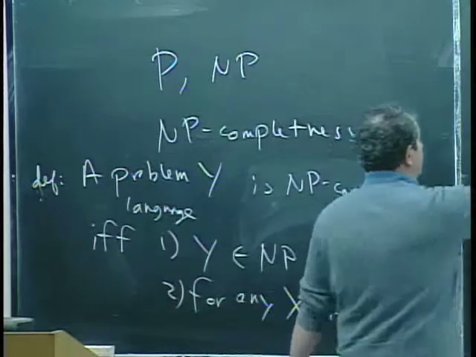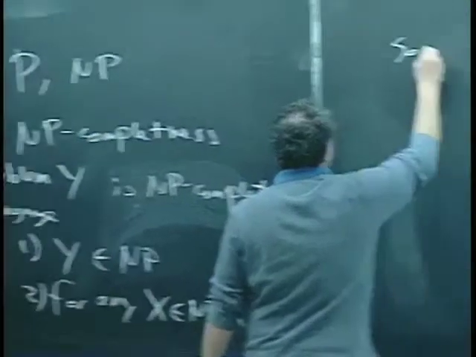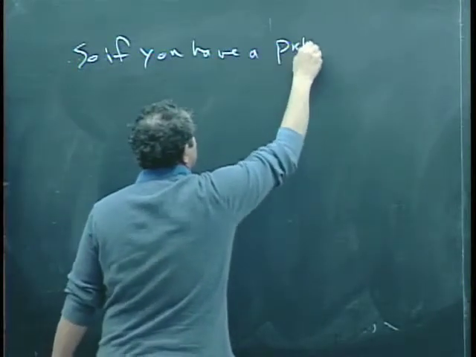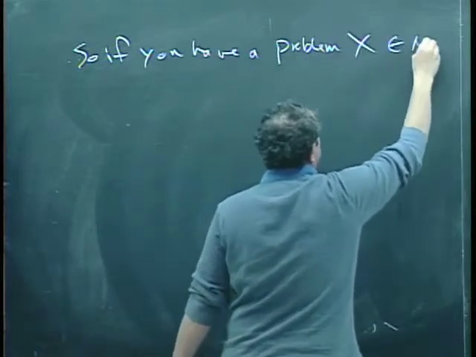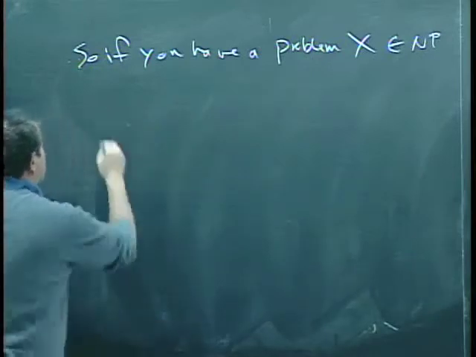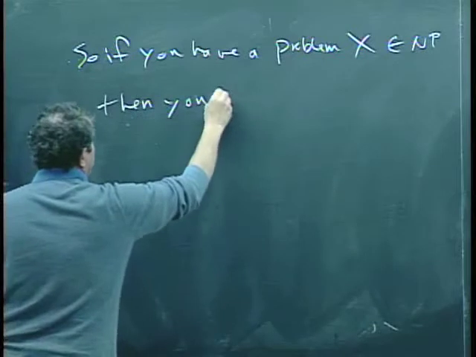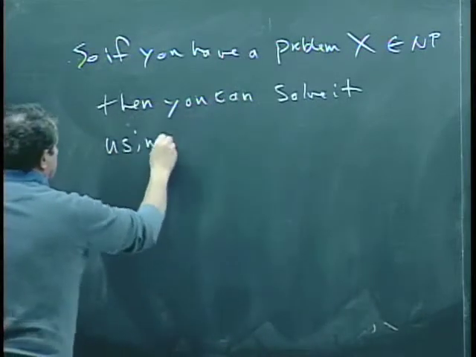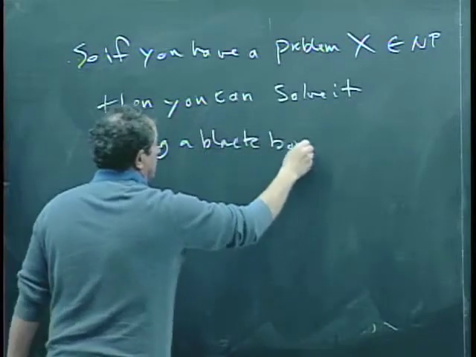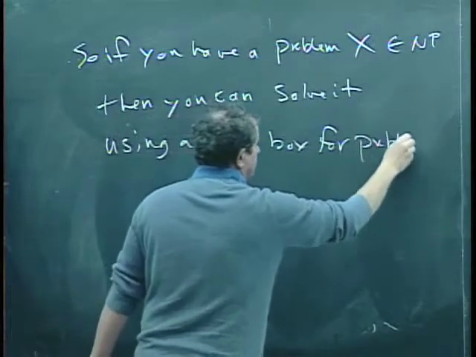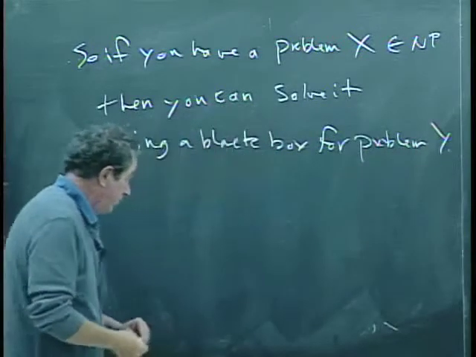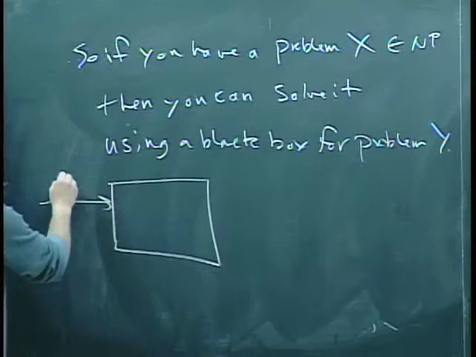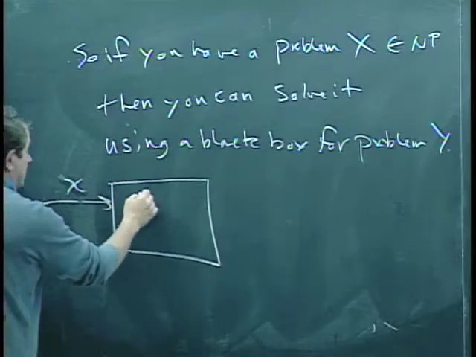So if you have a problem, I'll call it problem X, and all you know about it is that it's in NP, then you can solve it using a black box for problem Y. And moreover, that reduction happens in polynomial time.